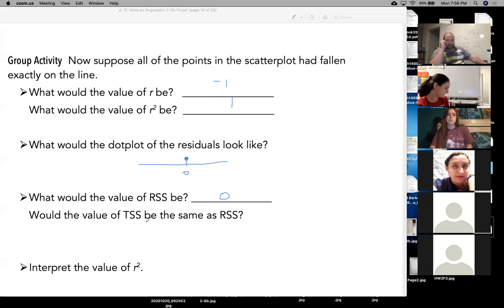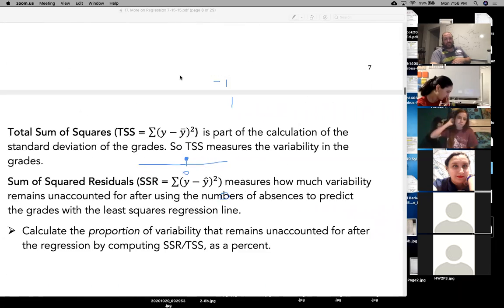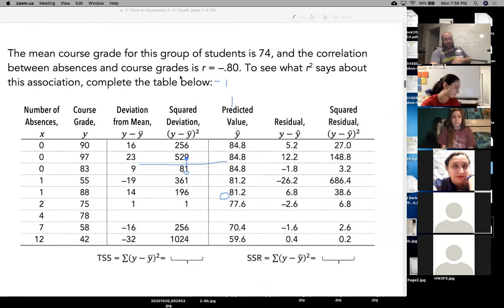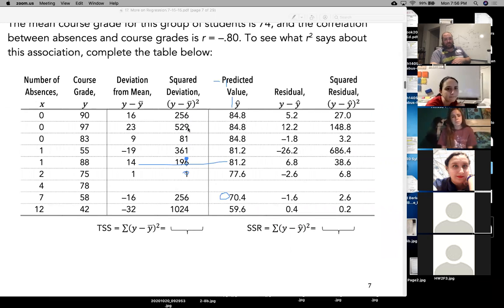So TSS is the total sum of squares. But if everything's on the line, there's no deviations. There's no residual. That's correct. Remember where we got the TSS from. The TSS came from adding these guys, which was y minus y bars.